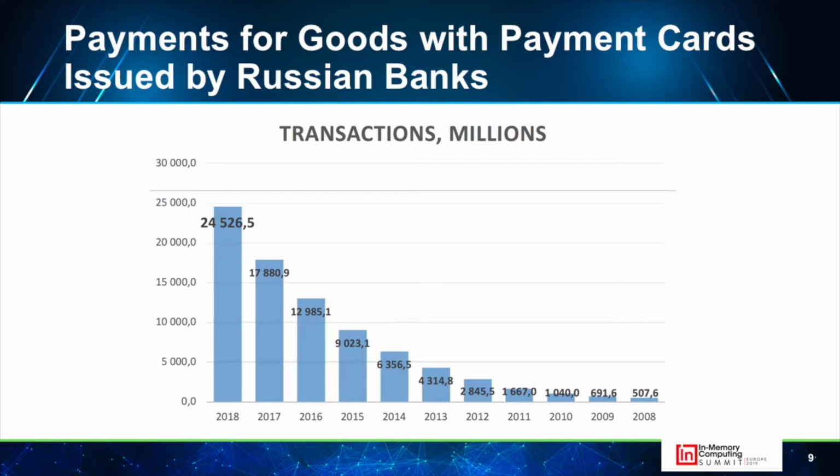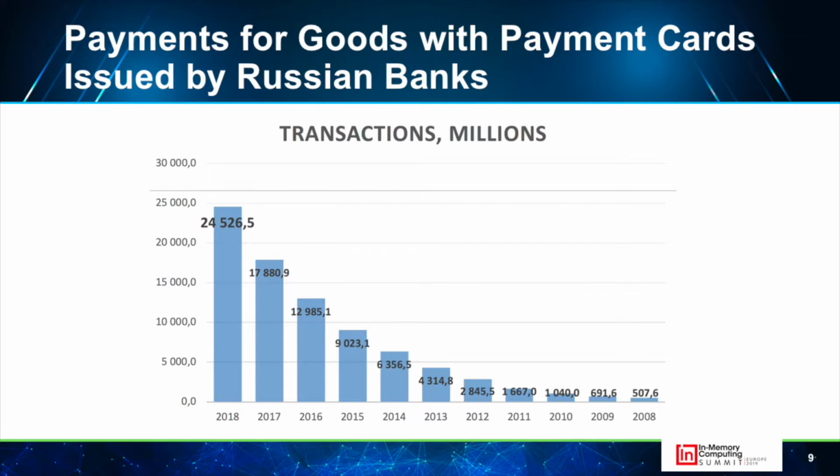Next year, in 2018, more than 24 billion transactions were made, with an increase of nearly 7 billion transactions a year. Incredible, isn't it? According to our estimates, the bank will process more than 10,000 transactions per second in 2 years, and it's quite a lot for banking transactions.